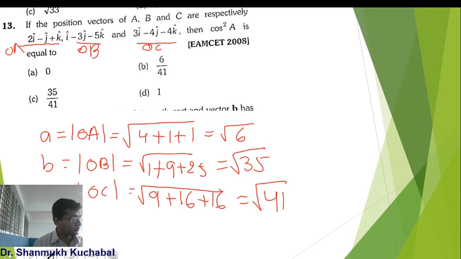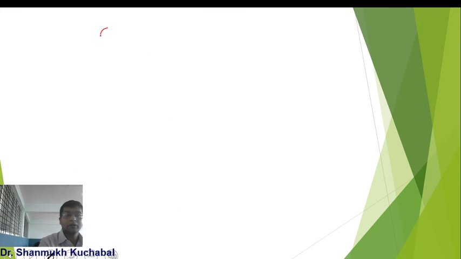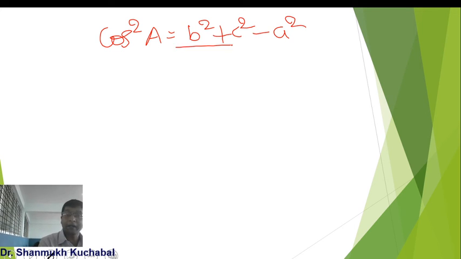Now we have to use a formula to find the cos square A value. The formula is cos square A equals B square plus C square minus A square divided by 2BC.